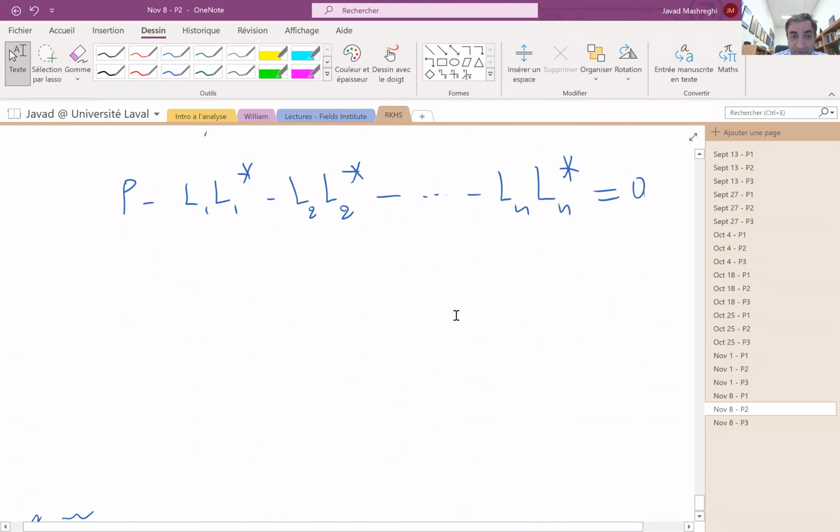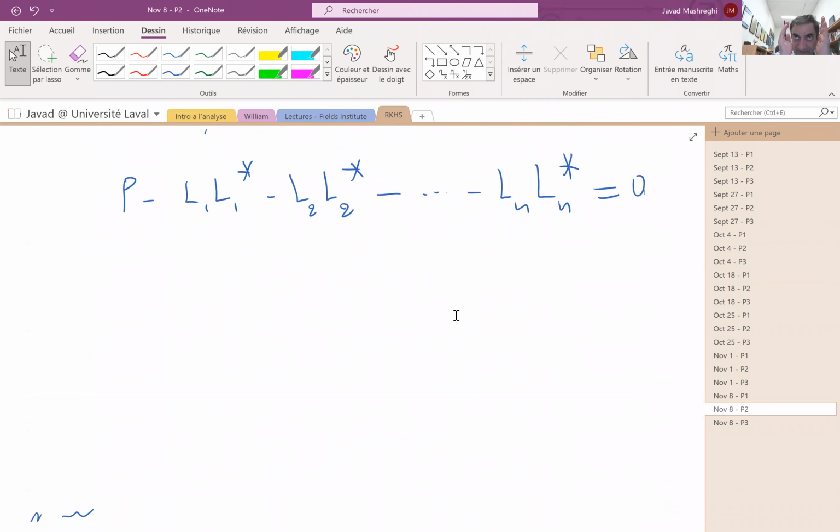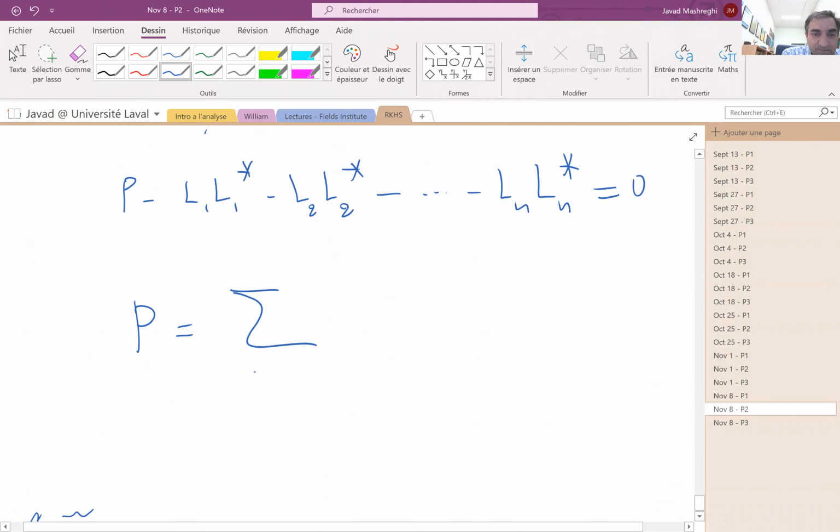We have P equal to L1, L1 star. And what is L1? L1 is just a column. Instead of C, I wrote L. Indeed, I should have kept C. So we can write P as a sum, I from 1. Even we might stop in the middle. It's not necessarily up to the end.